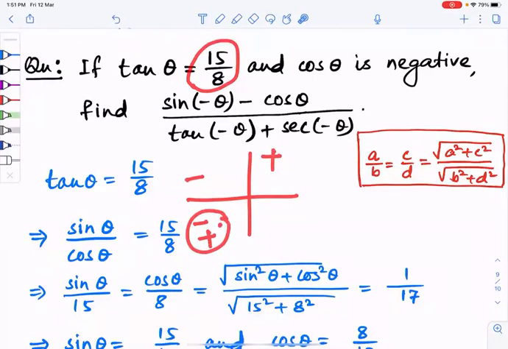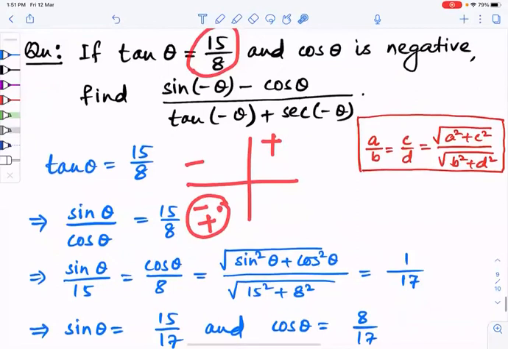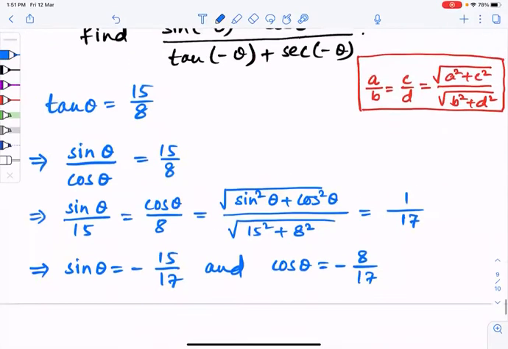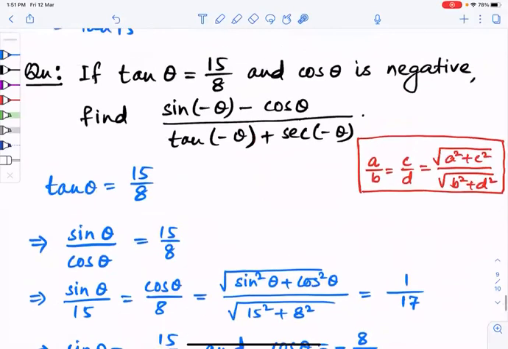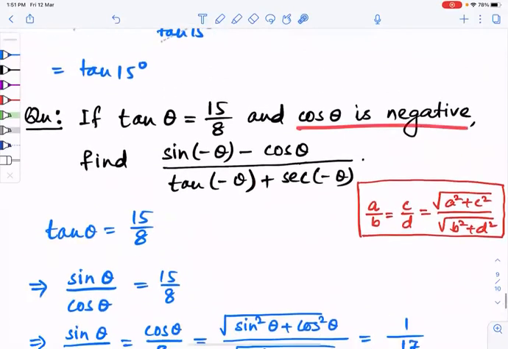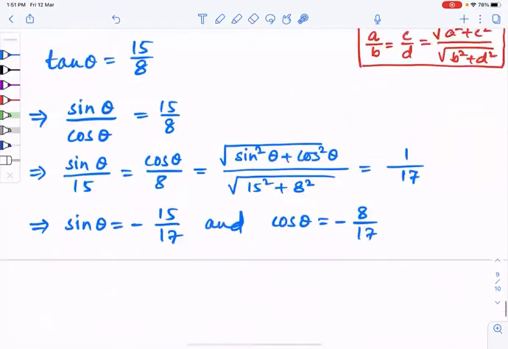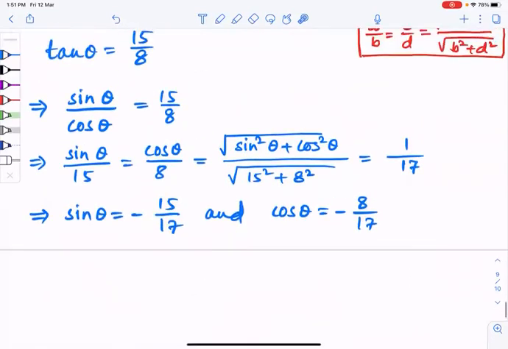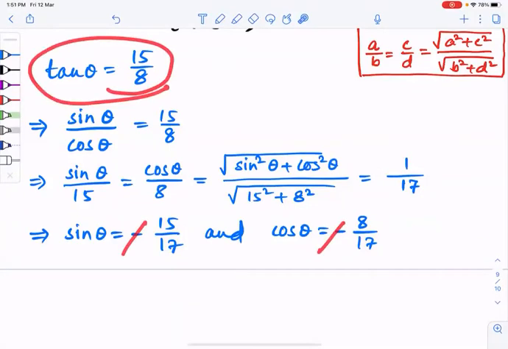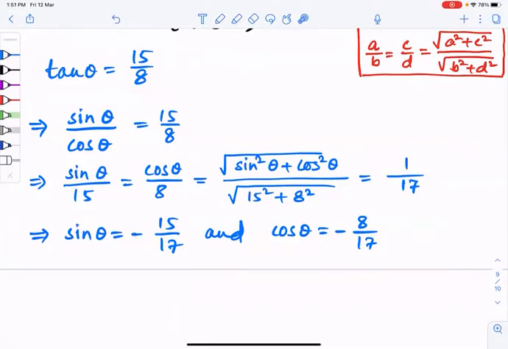In third quadrant, sine is also negative, cos is also negative. So whatever value of sine I have got, I should take a minus sign. Cos should also have a minus sign. Cos theta is negative, so I will put a minus sign here. And since tan theta is positive, sine will also be minus, because minus minus will be cancelled, then only tan will be positive. Okay, I got sine theta and cos theta.